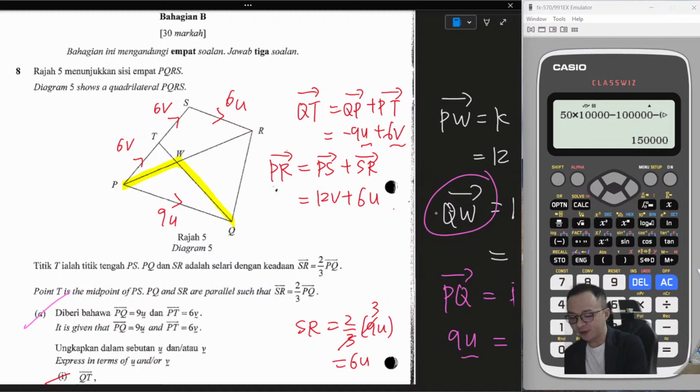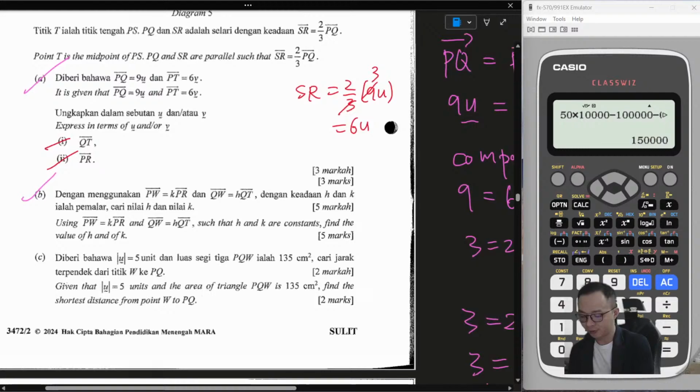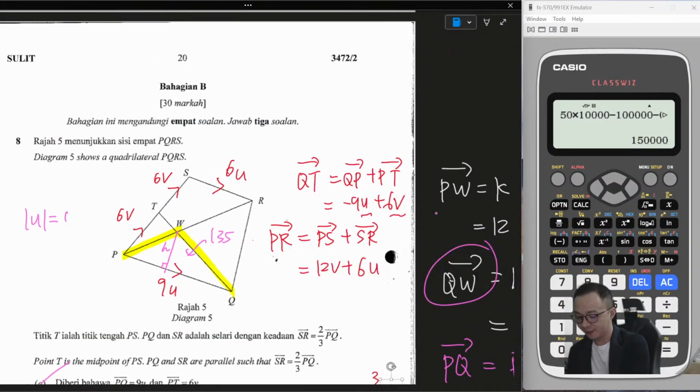The shortest distance from W to PQ is the perpendicular height, the height of the triangle. So I have PQ. PQ is 9U, and each U is equal to 5. So 9U is 9 multiply 5, which is 45.